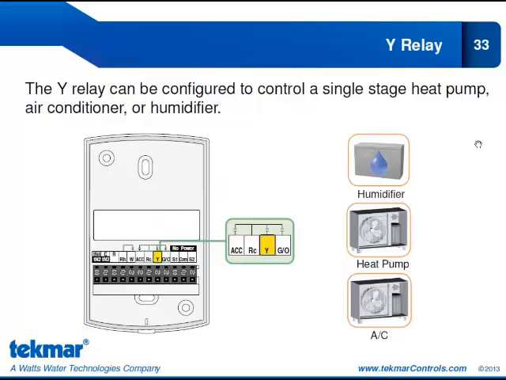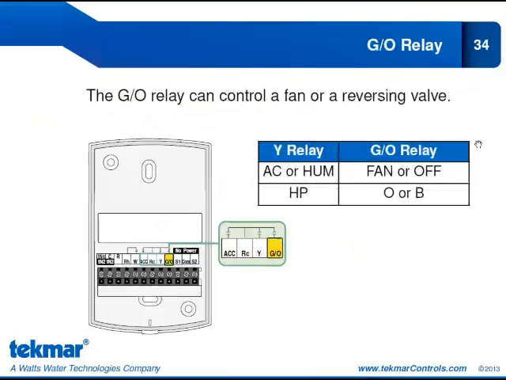Now notice the accessory relay, the Y relay, the GO relay, none of these are isolated relays. They're tied to that RC. The GO relay can control the fan or the reversing valve. And your options depend on how you configure the Y relay. If you set it up for AC or humidifier, your options for GO are restricted to fan or off.